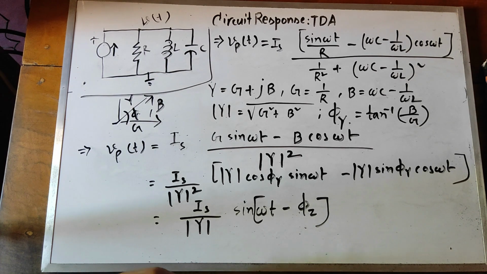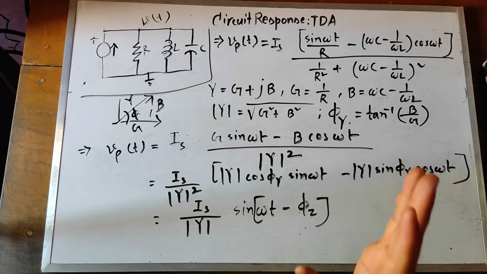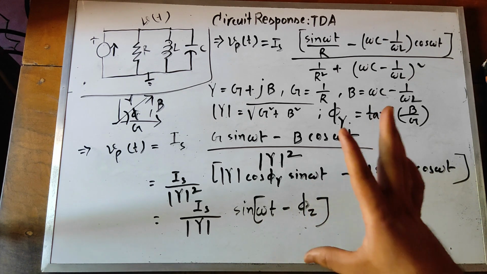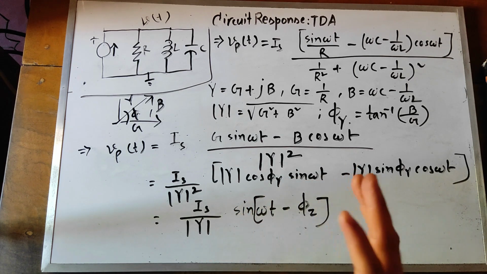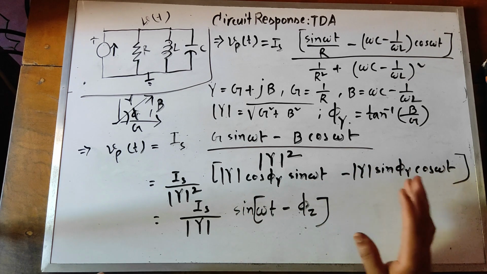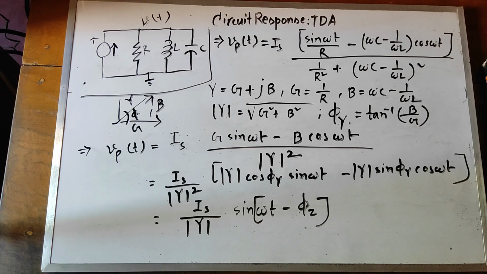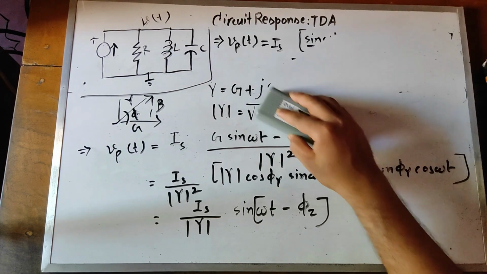So I have now derived at least the main part, the steady state part of the parallel and series RLC circuit. I hope you have understood. So let me rewrite this.